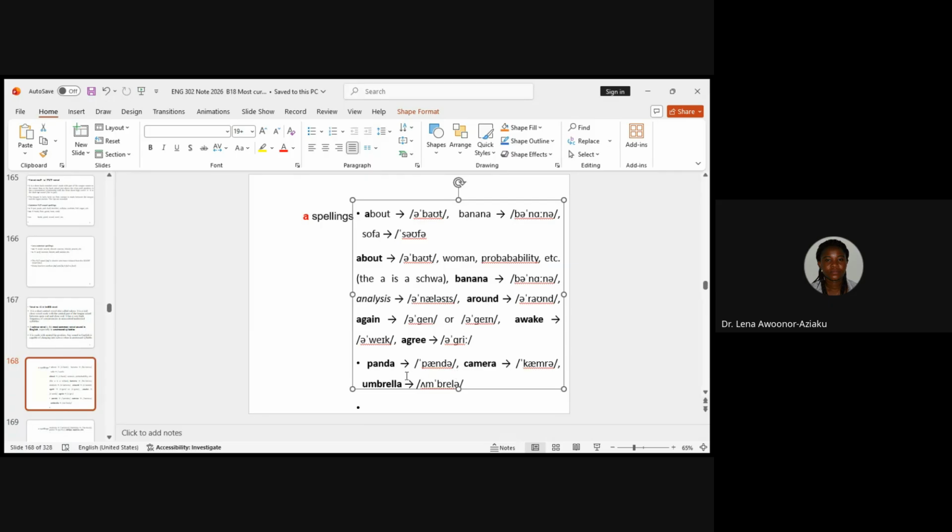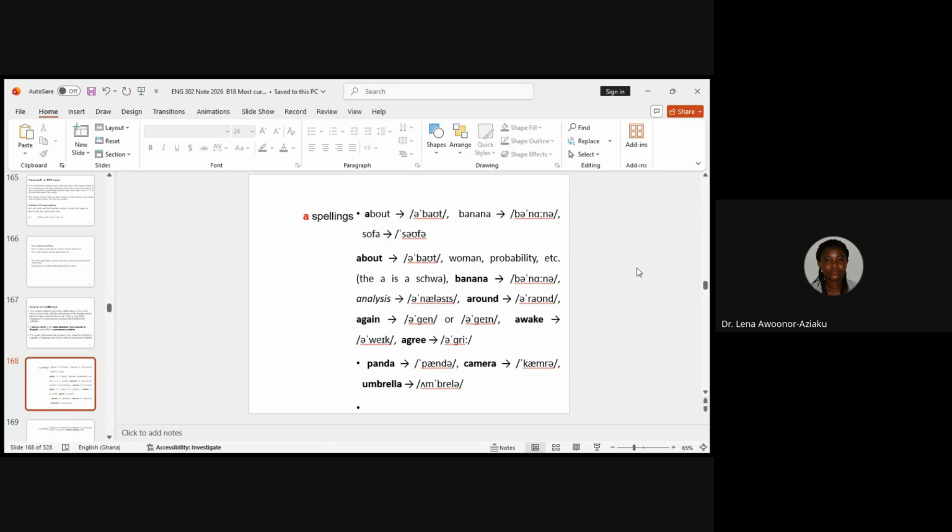umbrella. So we call something initial schwa and final schwa. Probability? Initial. Anywhere you see A, the letter A beginning a word is a schwa.